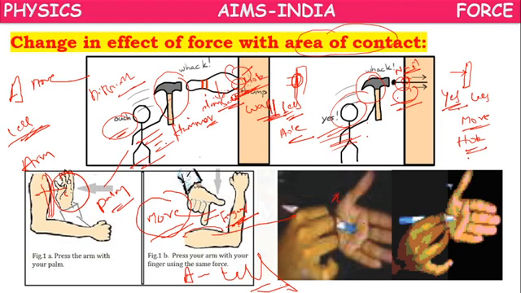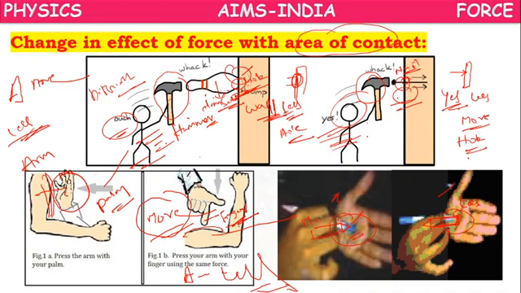So next, when you try to press on your palm with the sharp end of the pen or pencil, or with the blunt back side of the pen or pencil, if you try to push your palm from the back side, you experience less force.